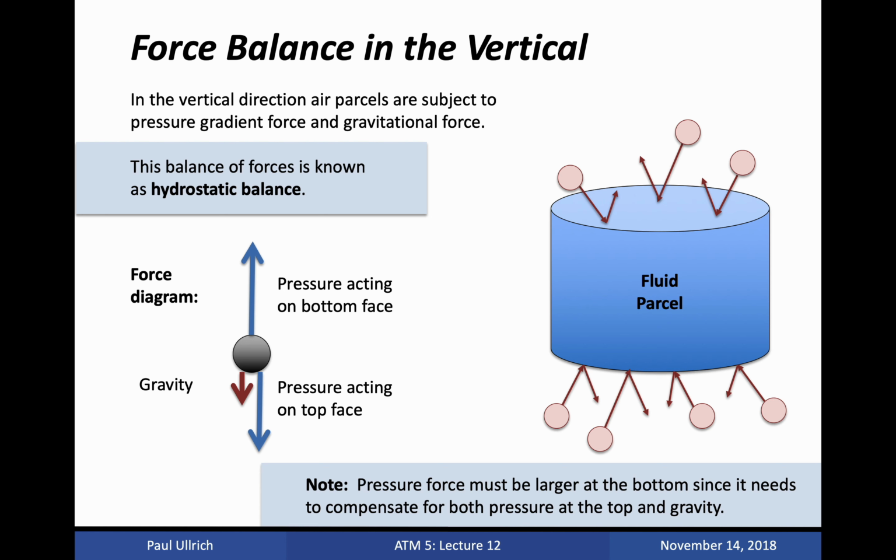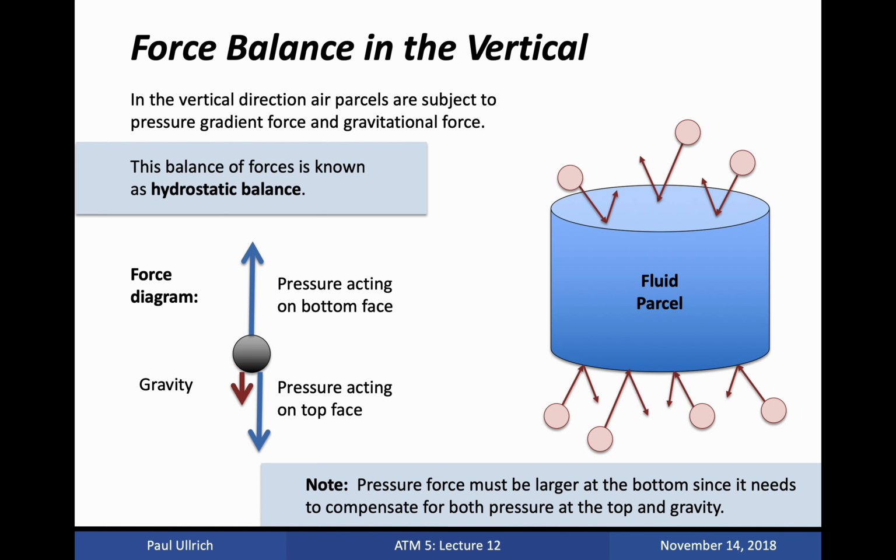Because of the fact that you need to have more pressure acting to push the fluid parcel upward, that means that the pressure underneath the fluid parcel needs to be larger than the pressure on top of the fluid parcel. This is effectively why we have that air pressure decreases as you go up in altitude. That is, as you go higher and higher, the pressure being experienced at those altitudes must decrease.